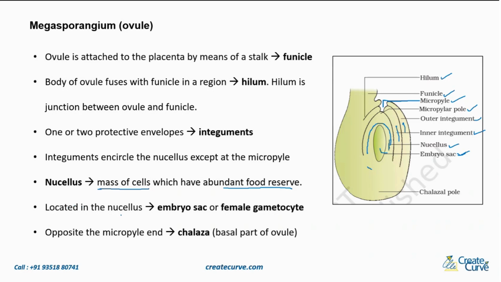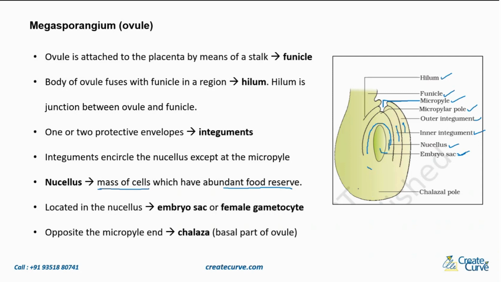Now, located in the nucellus, like I just told you, is the embryo sac, which is also known as the female gametocyte. Opposite to the micropyle end, this opening that I told you, you have another pole, which is known as the chalazal pole, which is nothing but the basal part of the ovule.